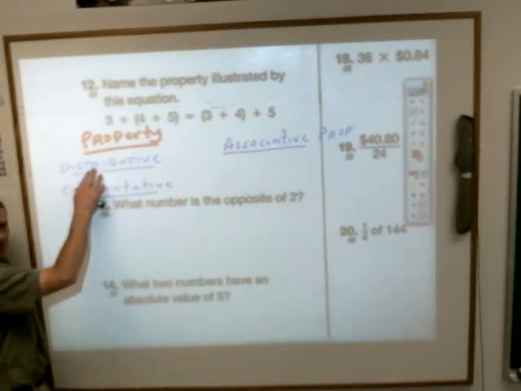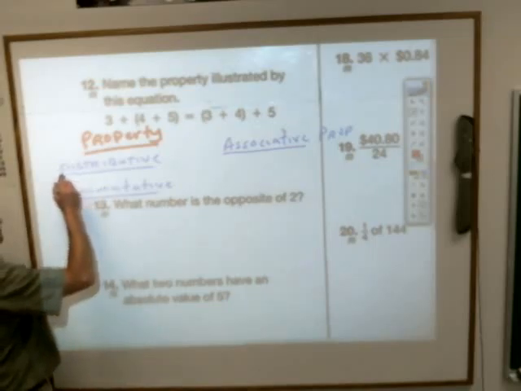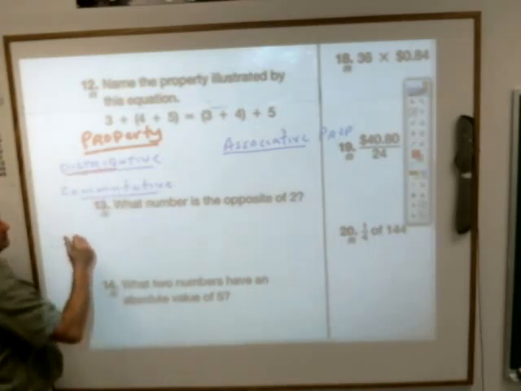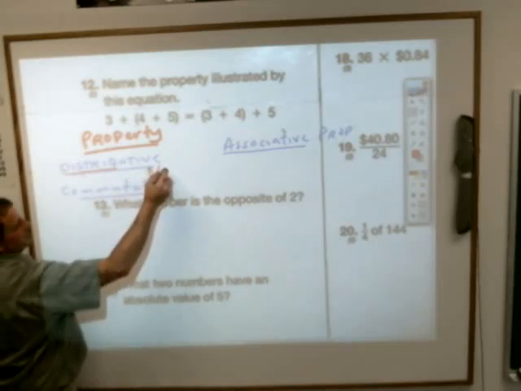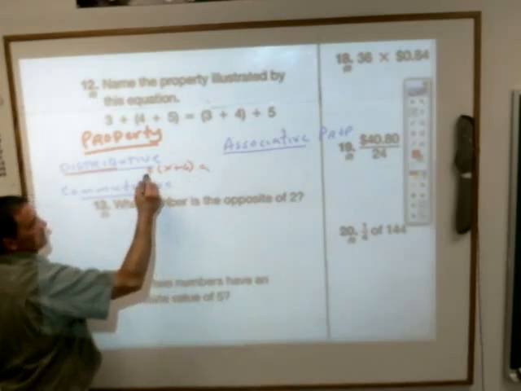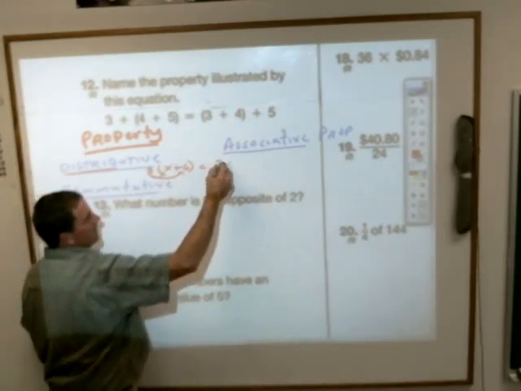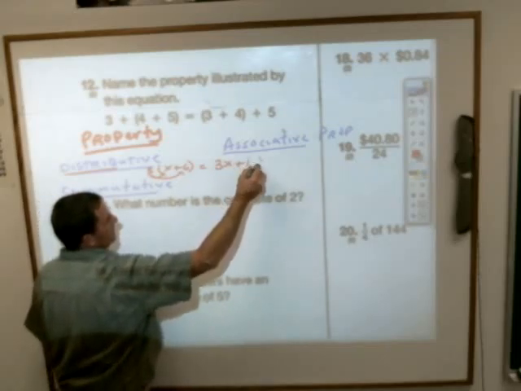Okay, I can see why Nick said the distributive property because one of the things about the distributive property is that there are parentheses. But the distributive property comes from that word distribute, which means when you see that parenthesis, like 3 times x plus 6, you multiply or distribute that 3 out and you get 3x plus 18.